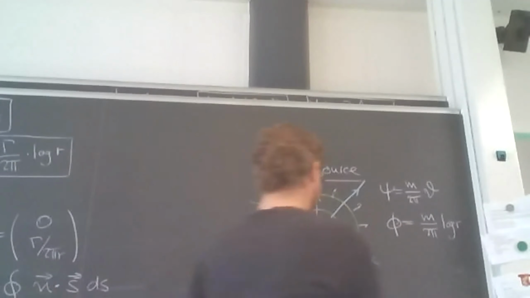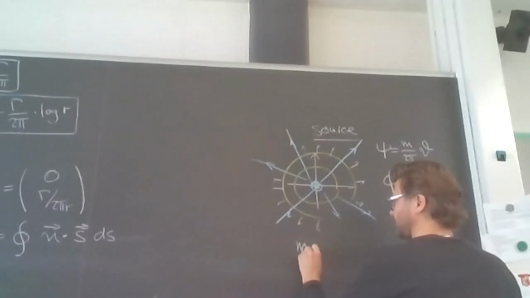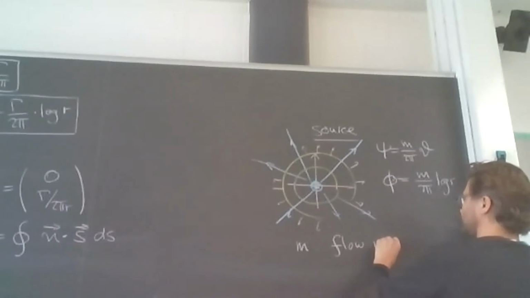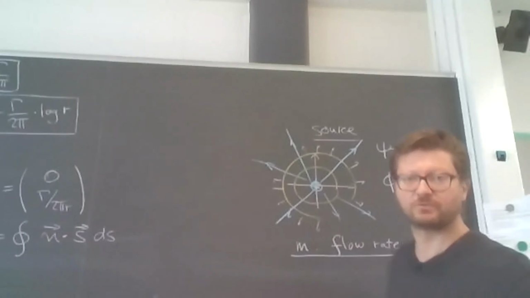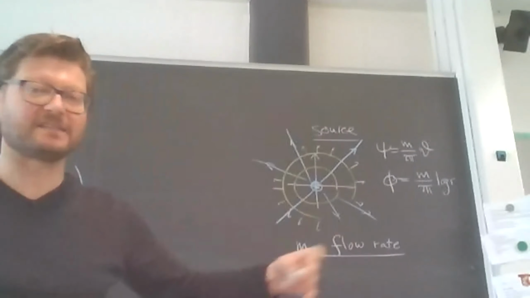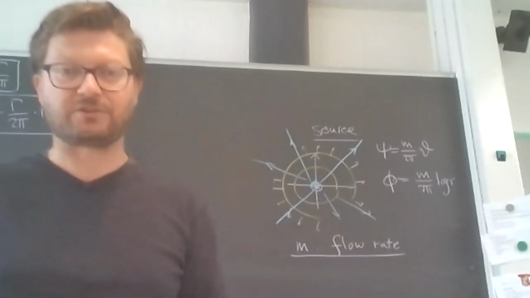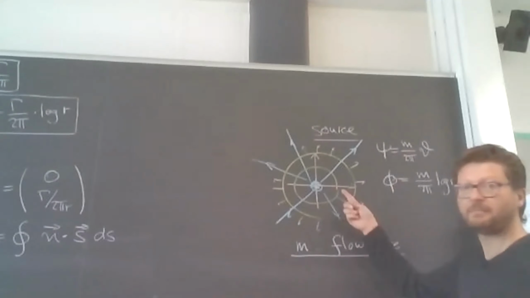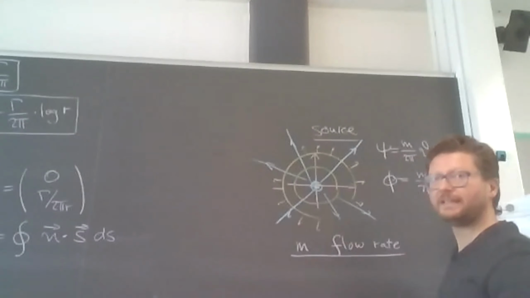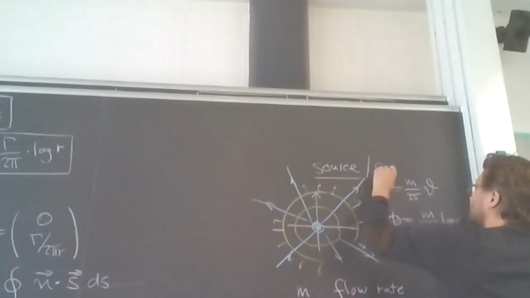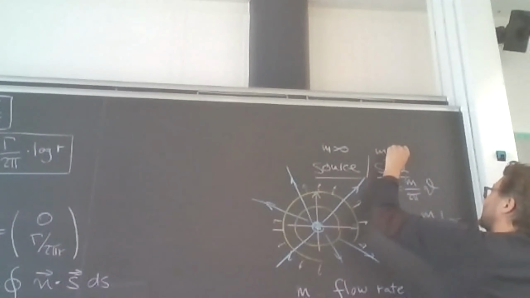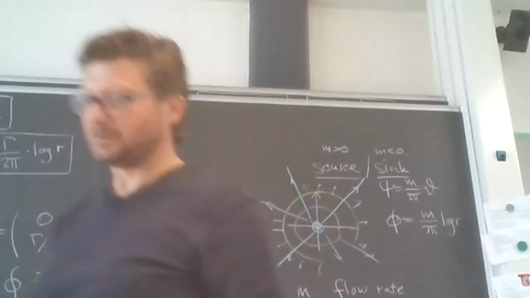So m is actually the flow rate. Right? It's the strength of the source. This is how much mass is coming out of this well here in the center. What if m is negative? Well, if m is negative, the flow will go in. So it's not a source anymore. It's then a sink. So for m positive, we have a source. For m negative, we have a sink. That's simple.